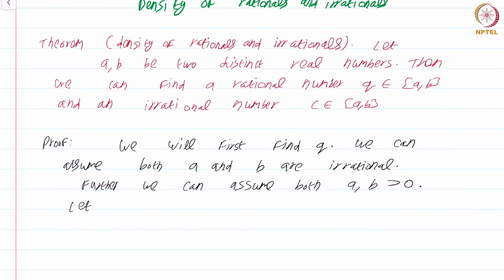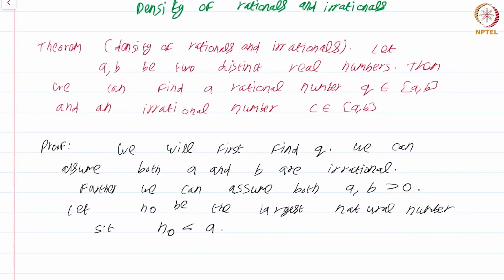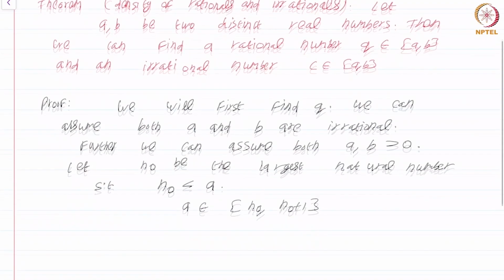Now, let n naught be the largest natural number such that n naught is strictly less than a. In other words, a is an element of the interval n naught, n naught plus 1.